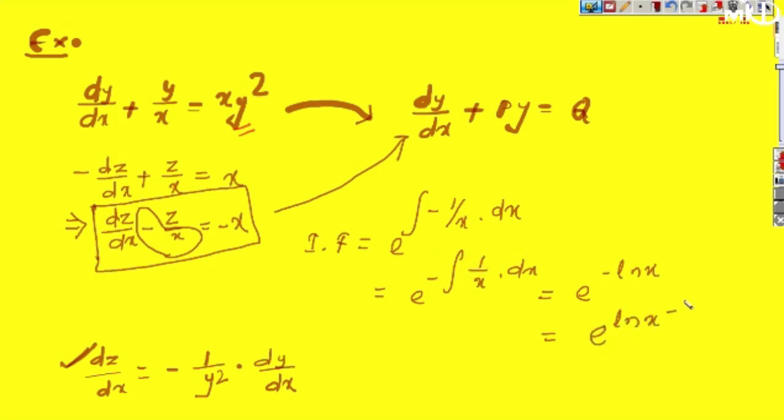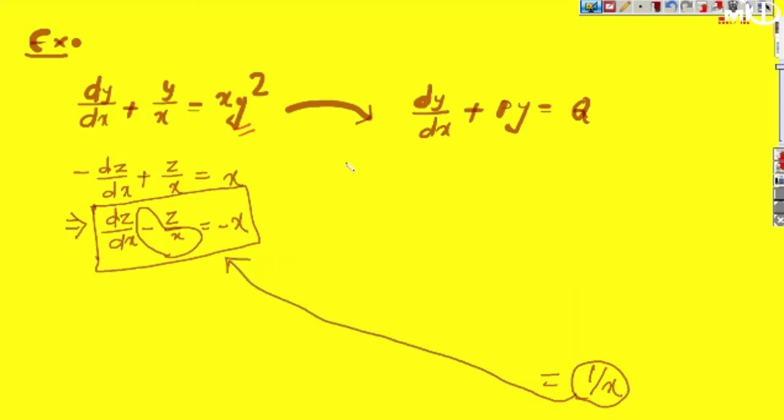Now we get our integrating factor, that is equal to 1 by x. Now you multiply this integrating factor. The procedure is same as for a linear differential equation. So we multiply 1 by x to our differential equation. So multiply the integrating factor to the differential equation.